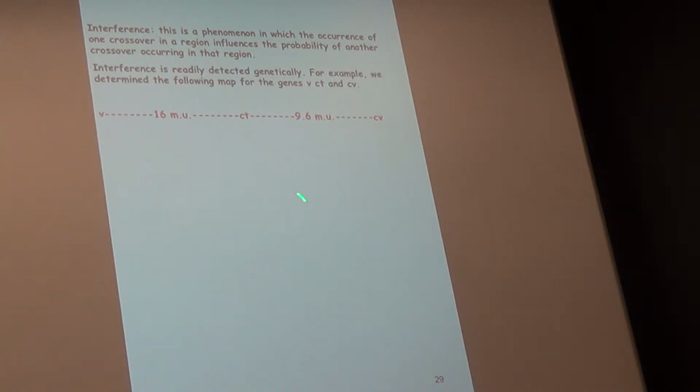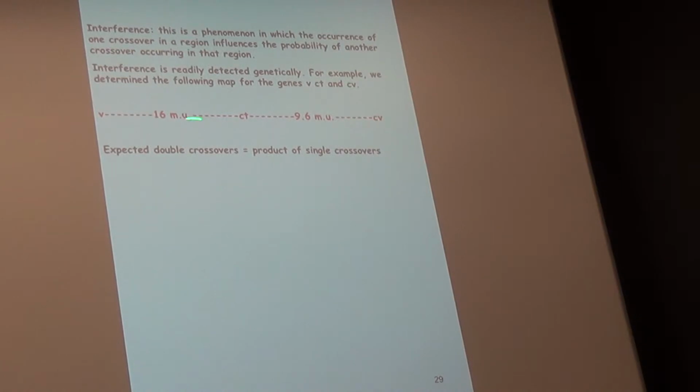So here are the map distances. 16 map units between B and CT, and 9.6 map units between CT and CV. So that's the number of recombination events that are taking place here, correct? So the calculated probability of a double crossover is 16 times 9.6. Expected double crossovers is the product of the single crossovers. That's what you expect.